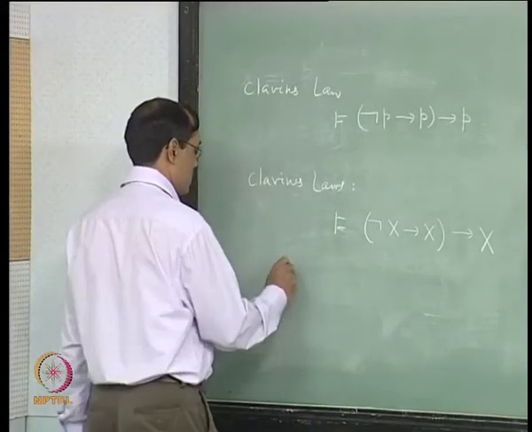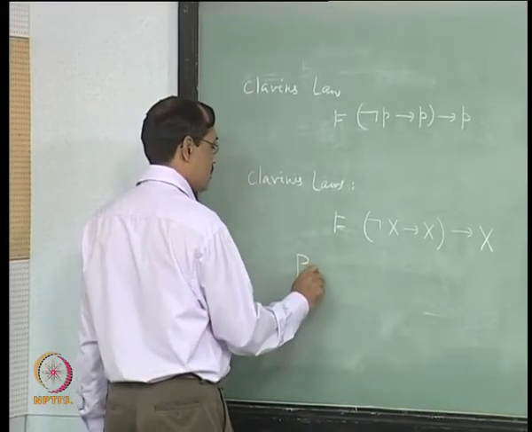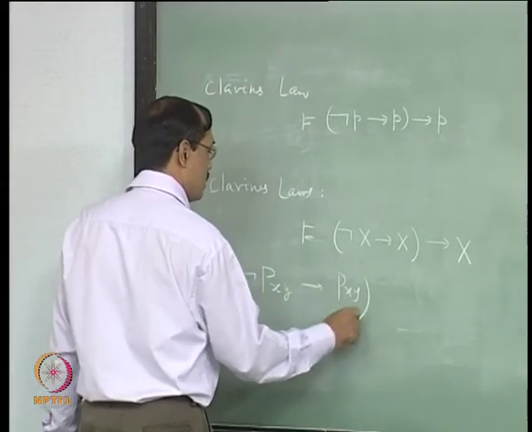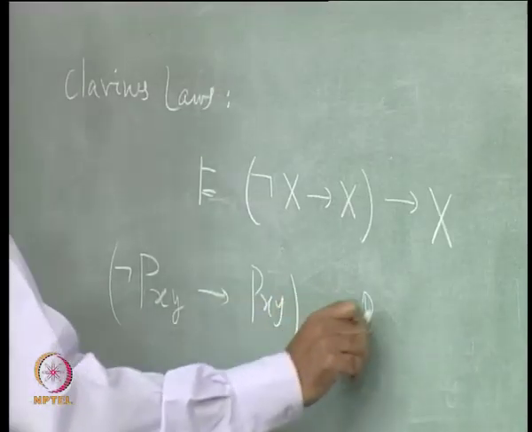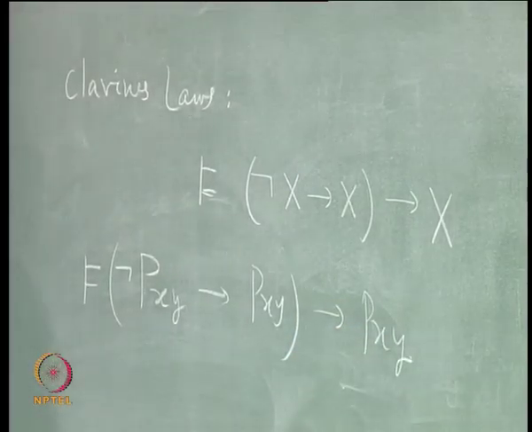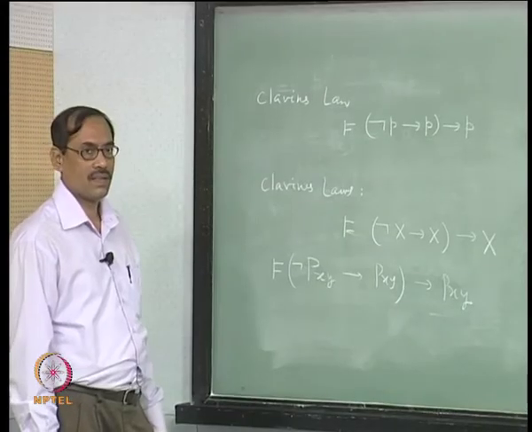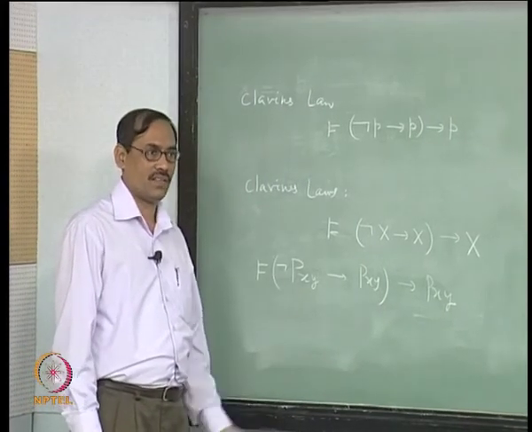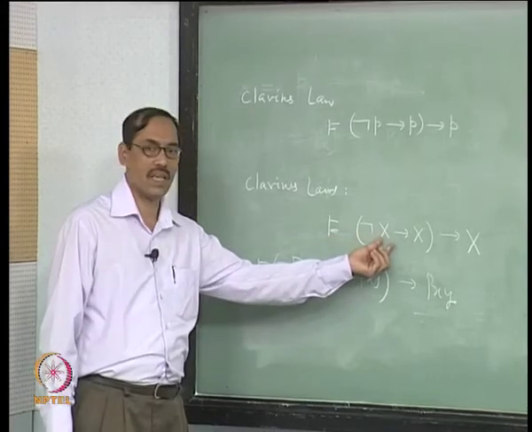If you have taken X as Pxy, you would get not Pxy implies Pxy, this implies Pxy, this is valid, okay. And with infinitely many, so it is a law, replace this X by any formula.